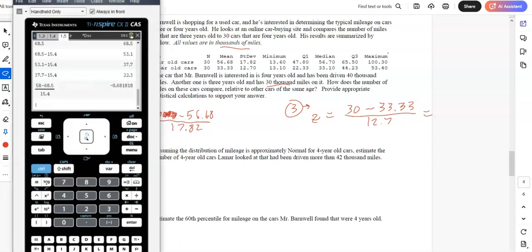So you get your calculator out, and it'd be 40 minus 56.68 all over 17.82. And that one's negative 0.93. And the next one would be 30 minus 33.33 over 12.7, negative 0.26.